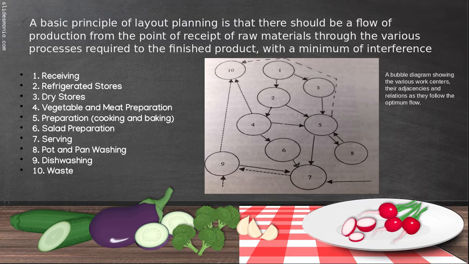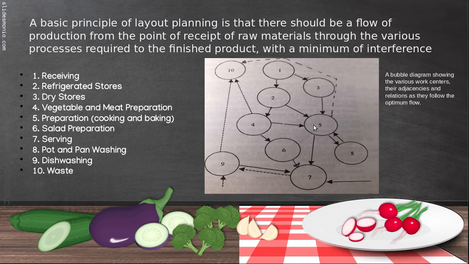Bubble number 1 is the receiving. Number 2 is the refrigerated stores. Kita nyo yung kung paano yung travel. Number 3, dry stores. And then 4, vegetable and meat preparation.